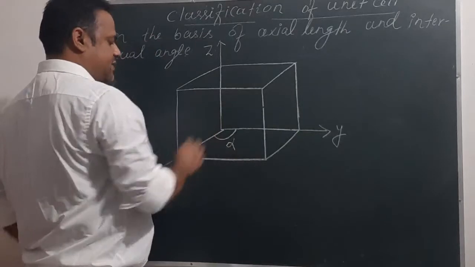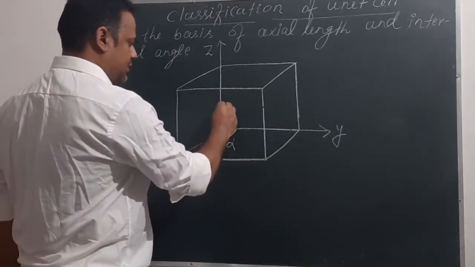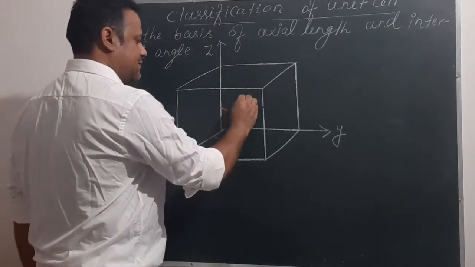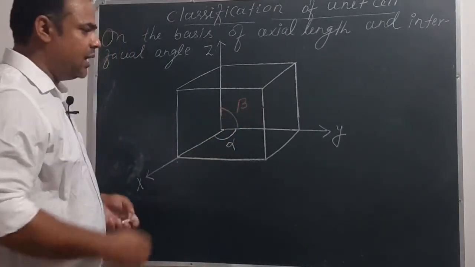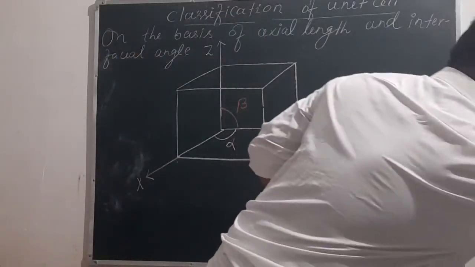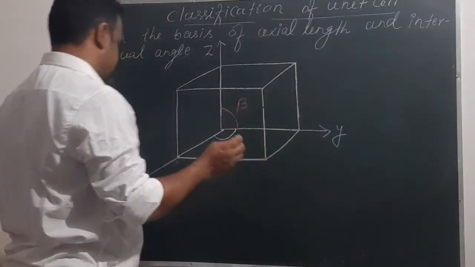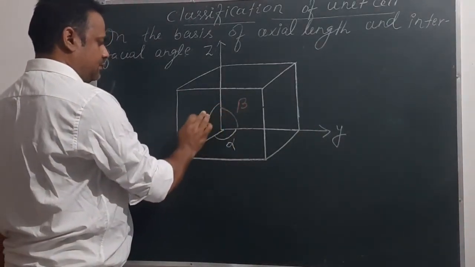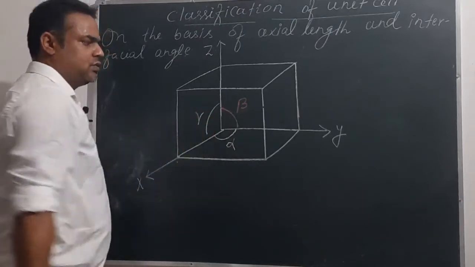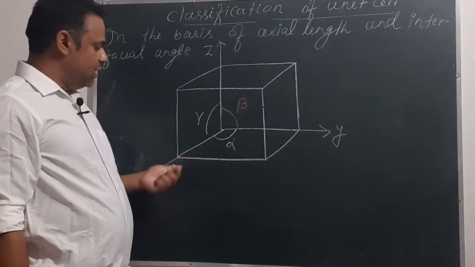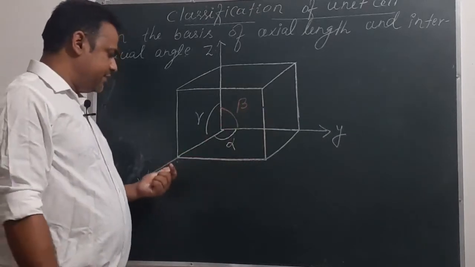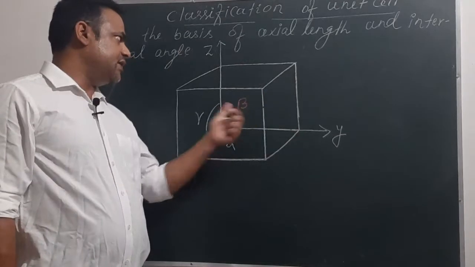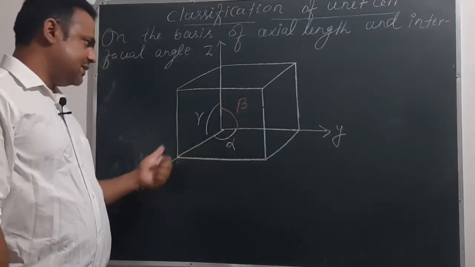The angle between Y and Z is taken as beta. And the angle between Z and X is gamma. So these are the parameters. In any unit cell, the angle between x and y axis is alpha, the angle between y and z axis is beta, and the angle between z and x axis is gamma.